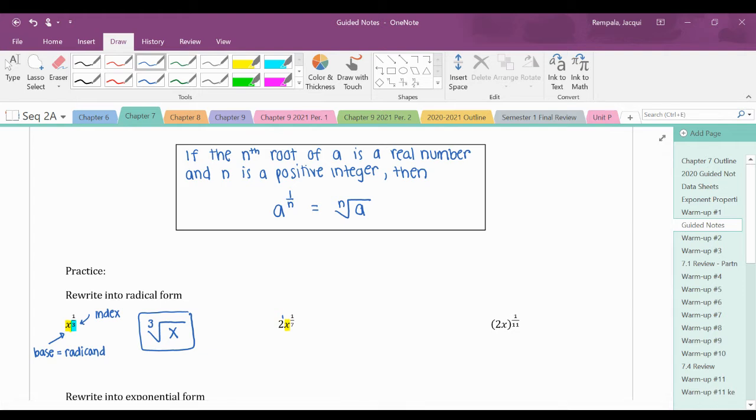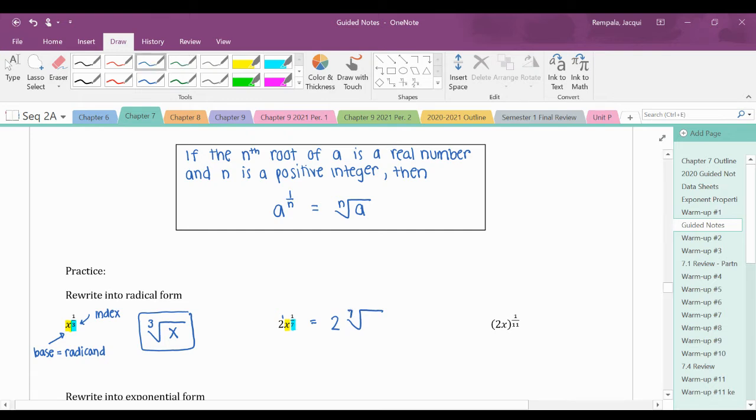So when we are rewriting things into radical form, you have to make sure you're only going to move the base underneath the radical if its exponent was a fraction. So because the 2 was not a part of that 1/7 for the exponent, the 2 is actually going to be staying outside of this radical. Notice that 7 is that little number that is going to become the index.